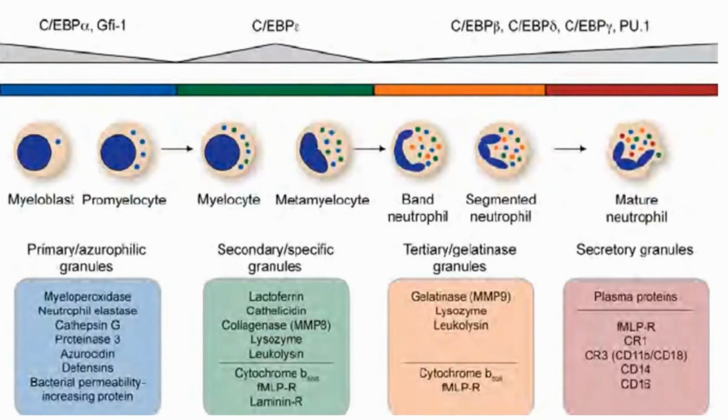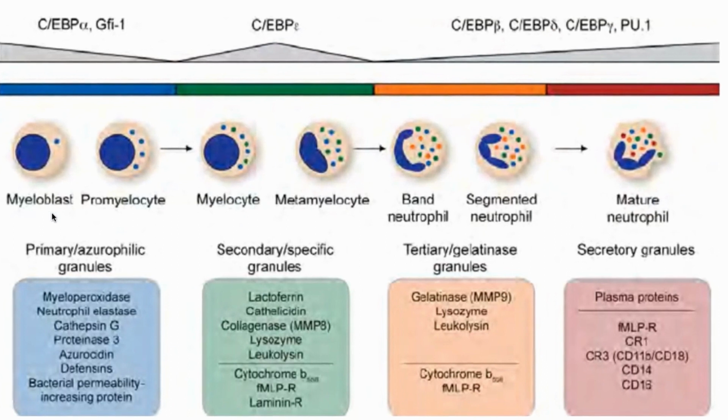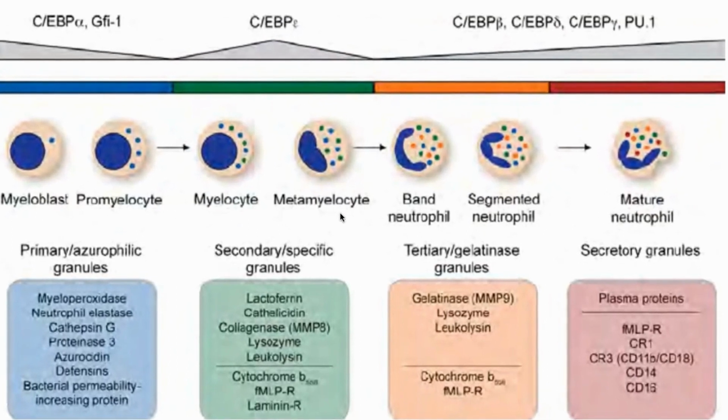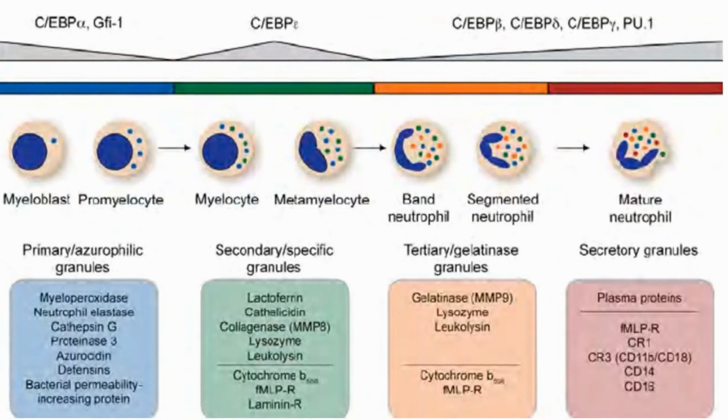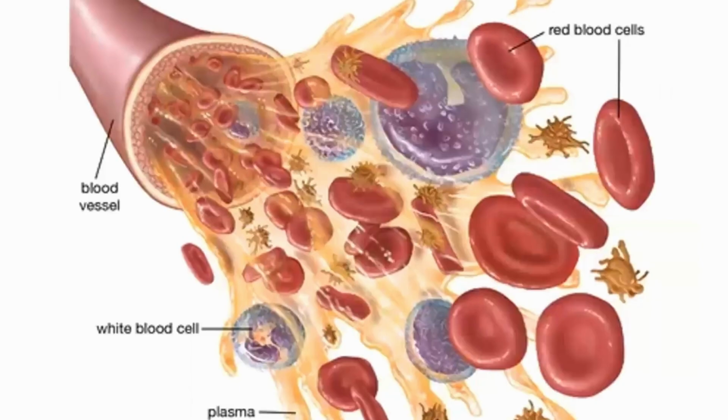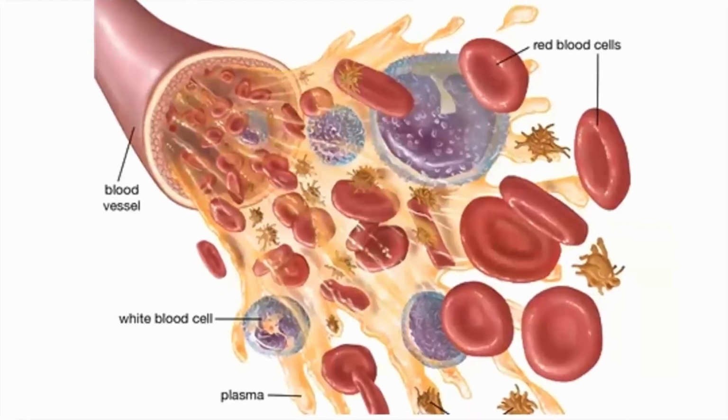This is basically just the formation of a neutrophil: the myeloblast, promyelocyte, myelocyte, metamyelocyte, to the band, to the segmented neutrophil, to the mature neutrophil. And they have different types of enzymes in the primary granule, secondary granule, tertiary granule with different functions. And you can read that in your spare time, and that's the end.